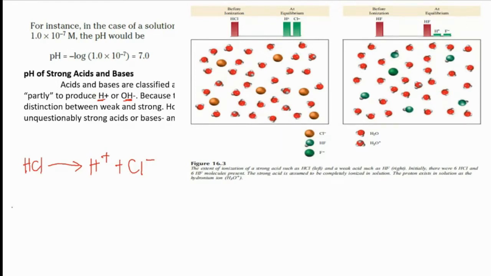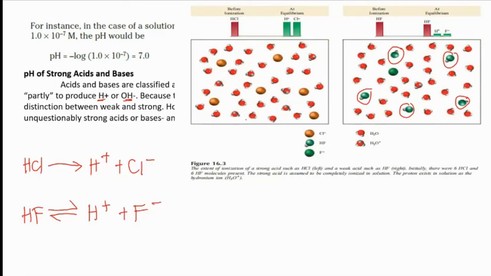Example is your HF. Si HF, at equilibrium, konti lang, partly ionized. So, at equilibrium, meron ka paling natirang HF. Tapos, konti lang yung na-ionize na H plus and fluoride ion. So, ganyan yung definition ng strong acids and weak acids.